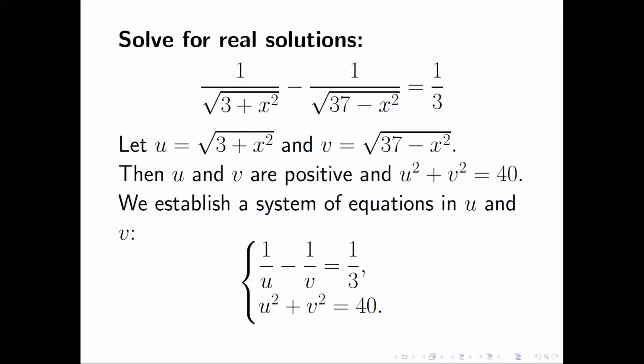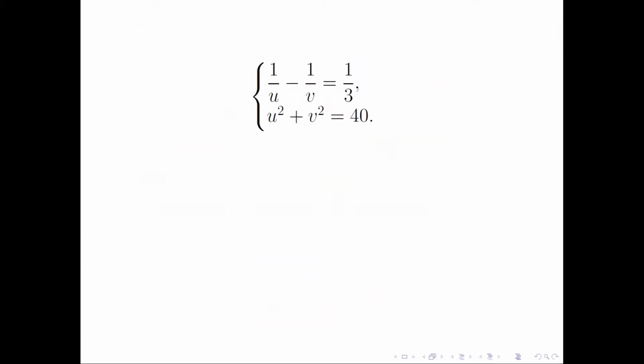This is definitely doable, but I'm going to introduce another trick here. From the first equation, we have 3 times v minus u equals u times v. So we just multiply the first equation by the denominators u, v, and the 3.